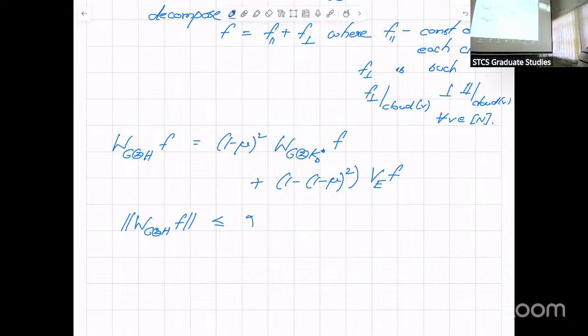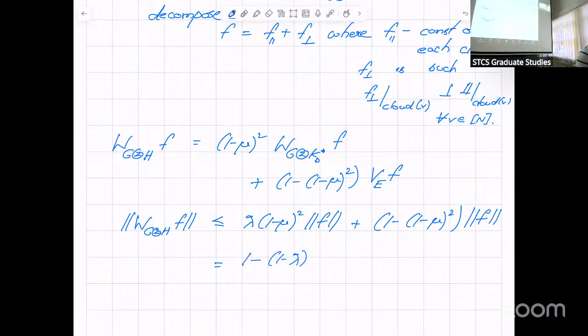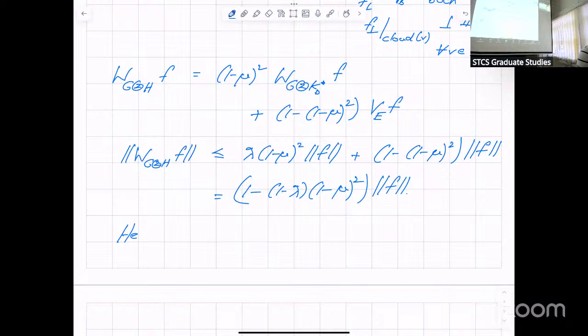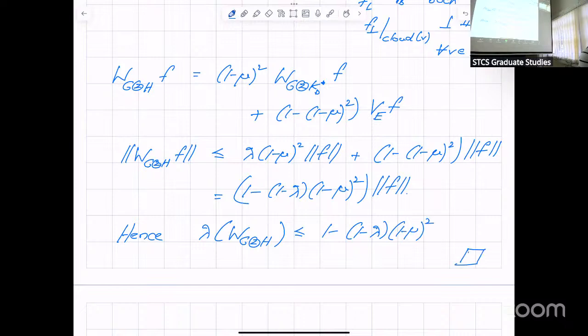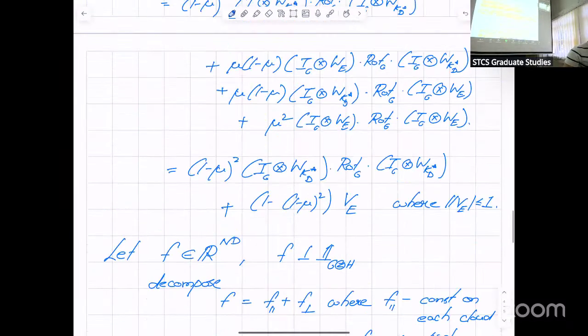Therefore, this is at most lambda times 1 minus mu squared times the size of F. VE has norm at most 1, so that's at most the size of F. And if you look at it, this is 1 minus lambda times 1 minus mu squared times the size of F. So hence lambda of W_GZH is at most 1 minus lambda times 1 minus mu squared. So let's remember, the key thing about the exact product is this.